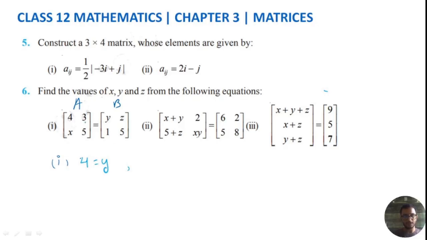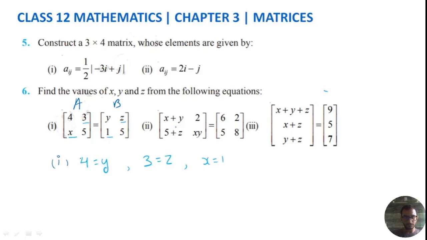Then comparing A12 with B12, we will have 3 equals z, and comparing A21 with B21 we will have x equals 1. So we are done, right? So we got our x, y and z. x equals 1, y equals 4 and z equals 3.